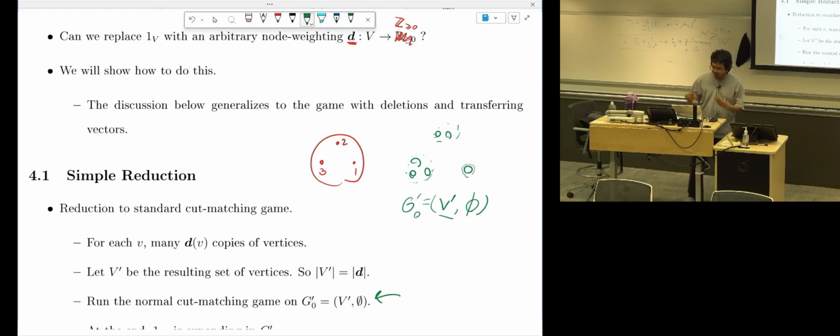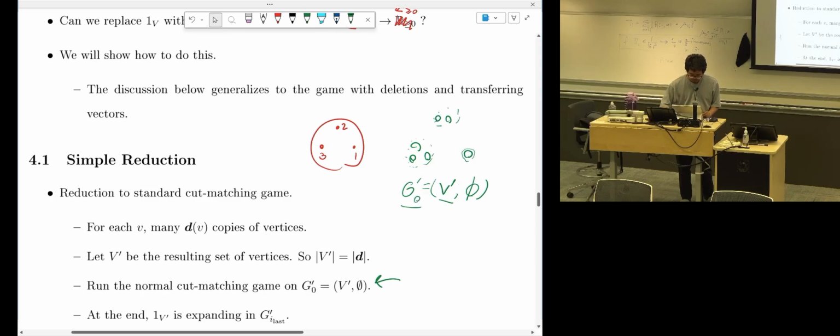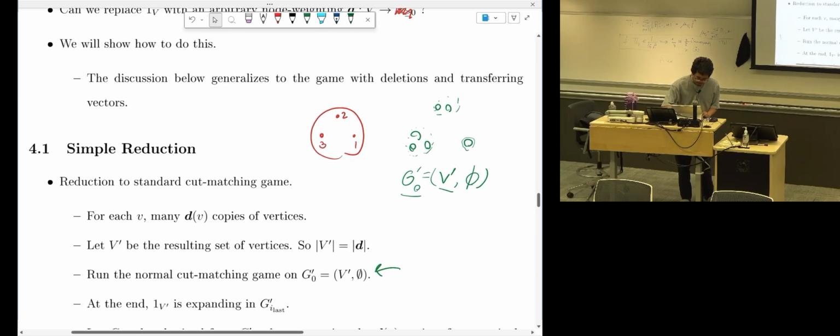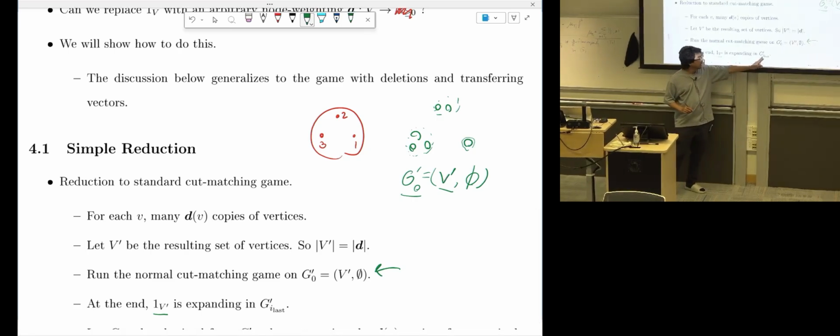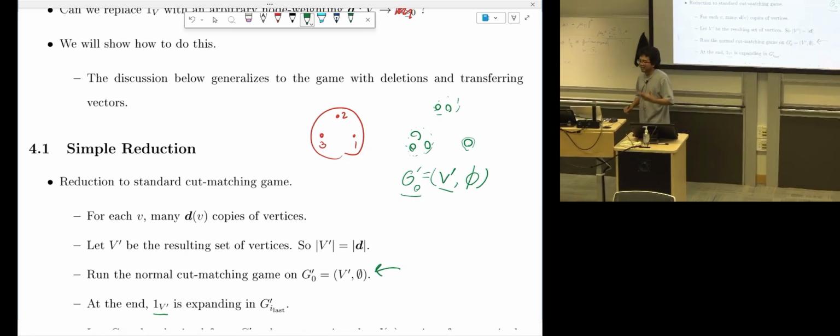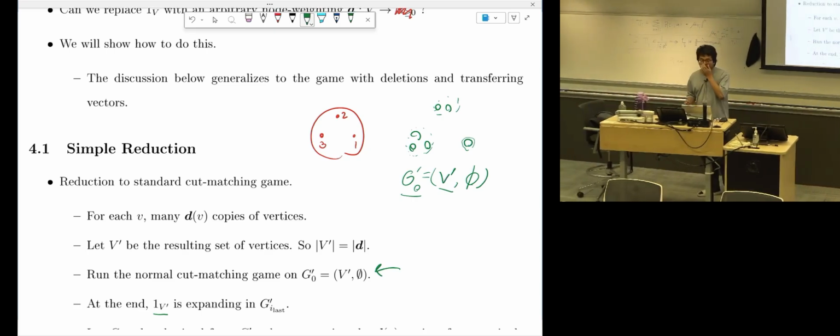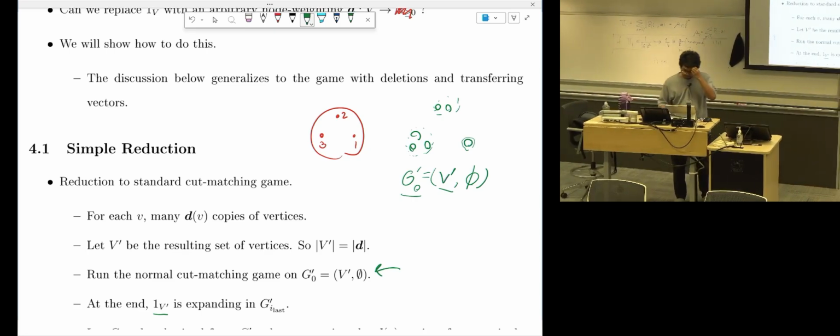If we run the cut matching game on this G prime 0, then we know that at the end, we're gonna get that 1_V prime is expanding in G prime I last, at the last round, after adding some matching.